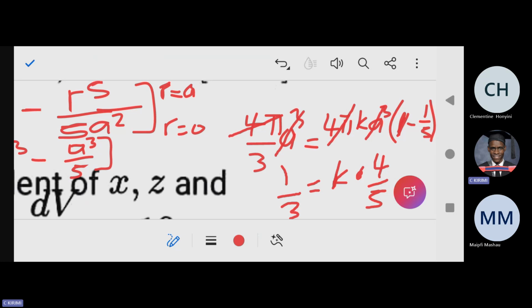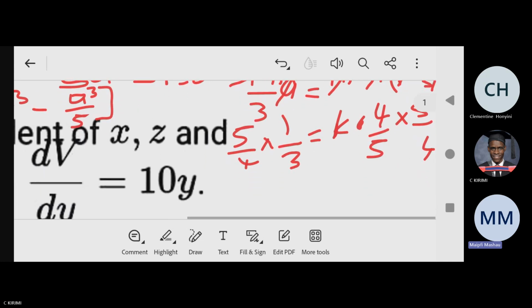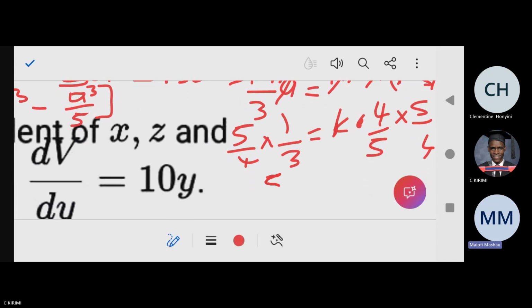If you want to get rid of the 4/5, you multiply both sides by 5/4. So what is the value of k? 5/12 equals k.